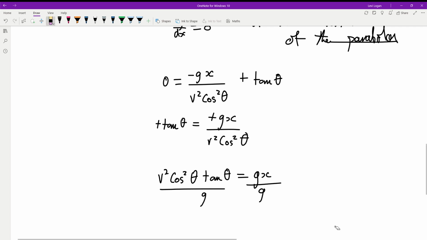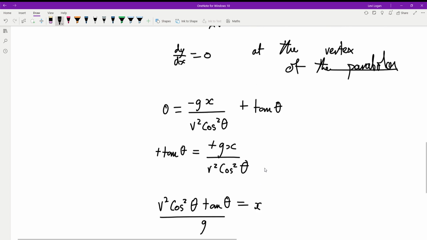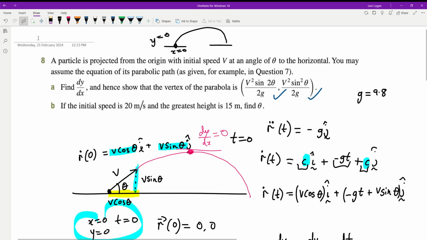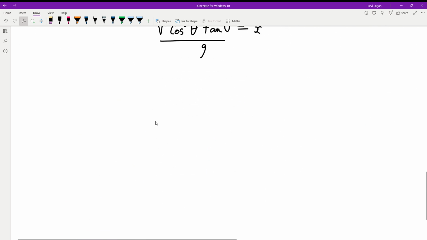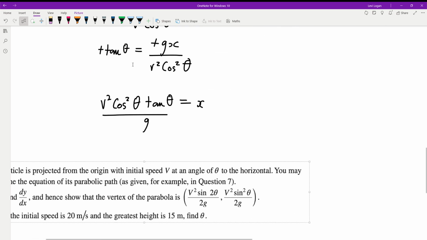Now this actually doesn't match the question because they have used a trig identity. Okay, so in their question they want you to show the vertex is this. So we need to show that this is exactly the same as this. So we need to look at this trig stuff in the middle here.